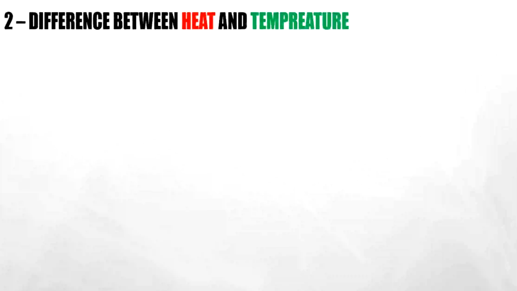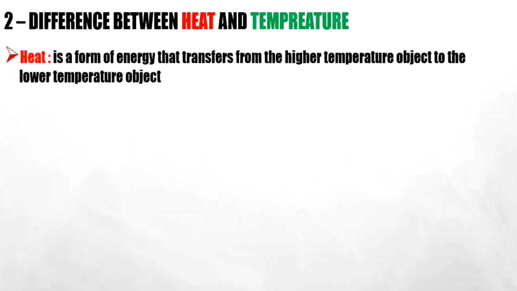Second point, difference between heat and temperature. Heat is a form of energy that transfers from a higher temperature object to a lower temperature object. Now we will take two examples to clarify that.